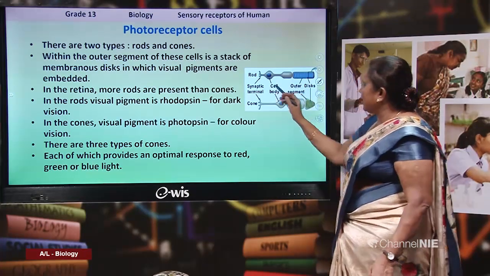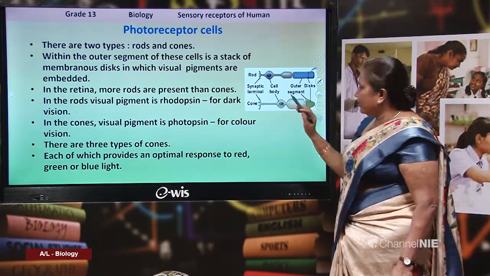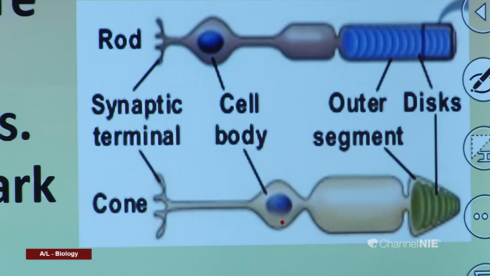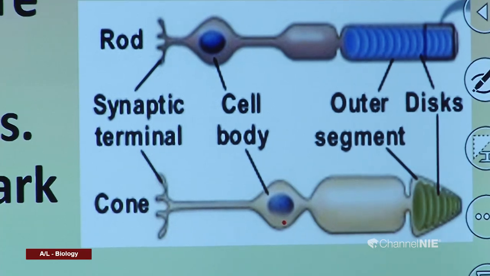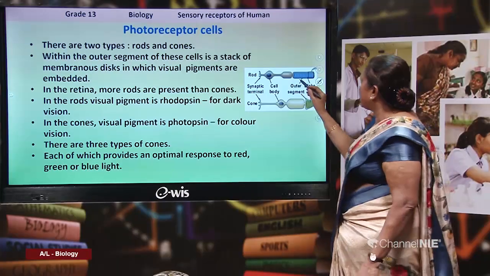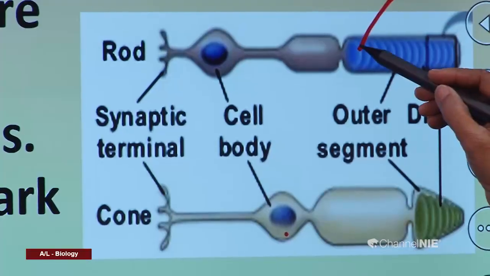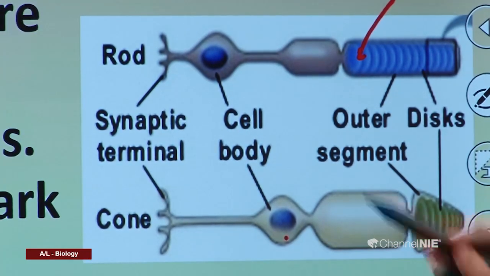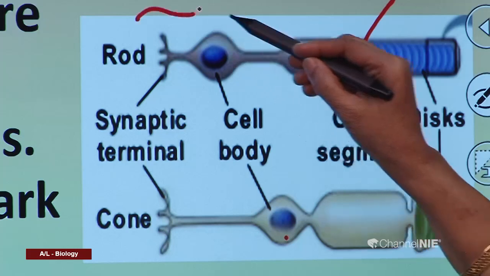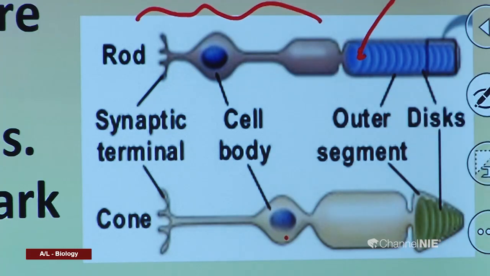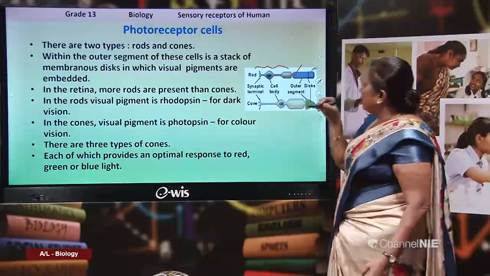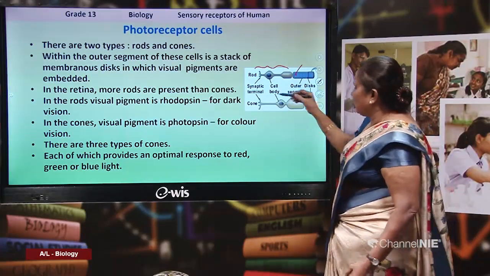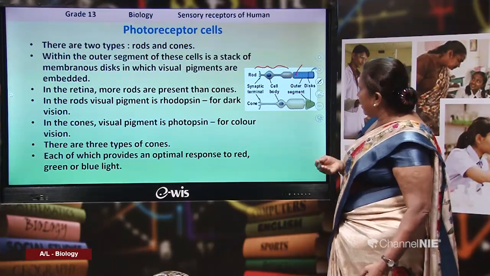Rods and cones contain a number of regions: cell body, outer segments, and within the segments there are certain disc-like structures. Can you see these? These are discs within the outer segment. This part is present towards the vitreous humor, towards the middle region of the eye.